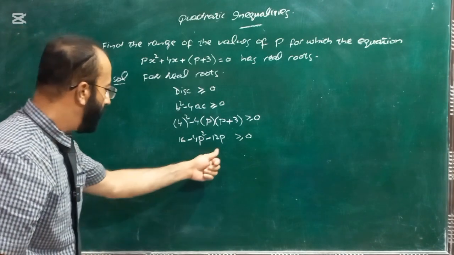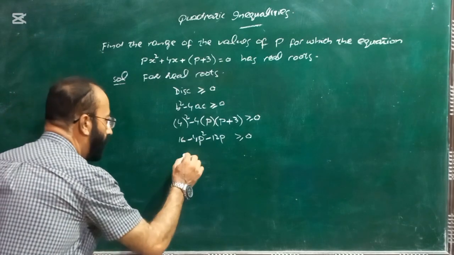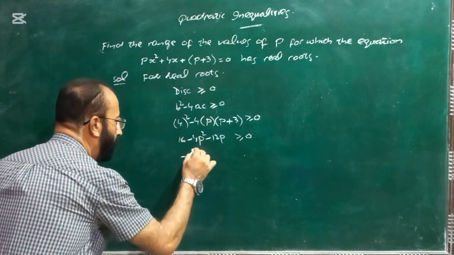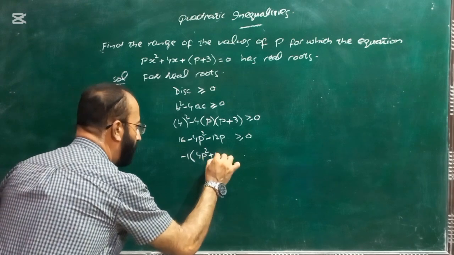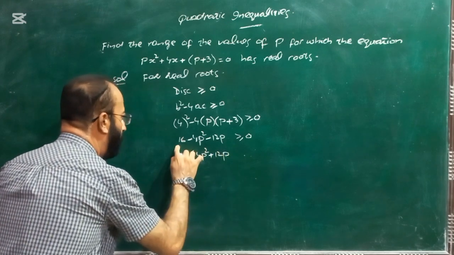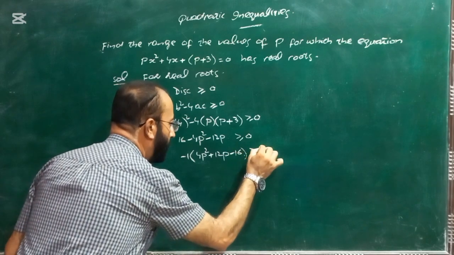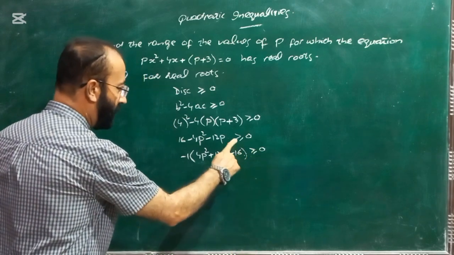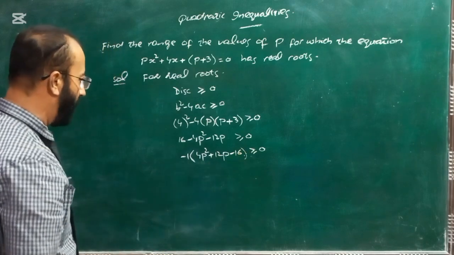Okay, from here, if we take minus 1 common, the equation will become 4p square plus 12p minus 16. This sign is still the same, greater than or equal to 0, and will remain as it is.